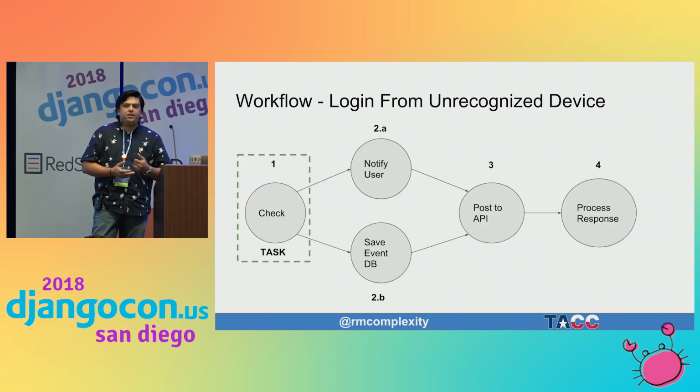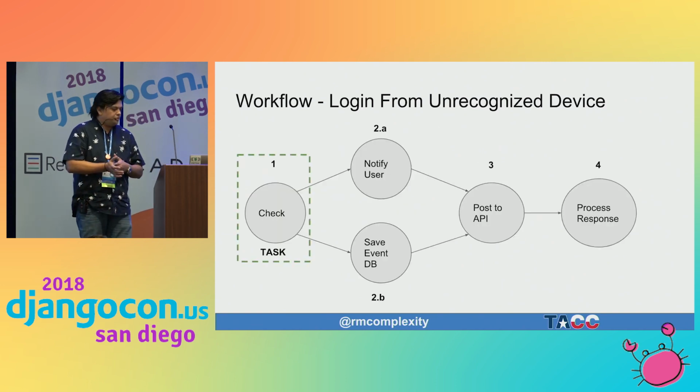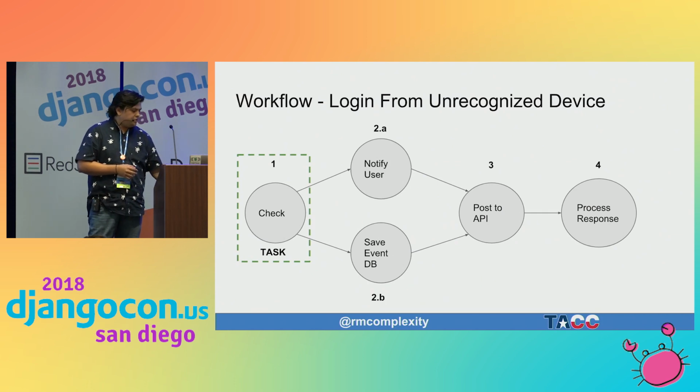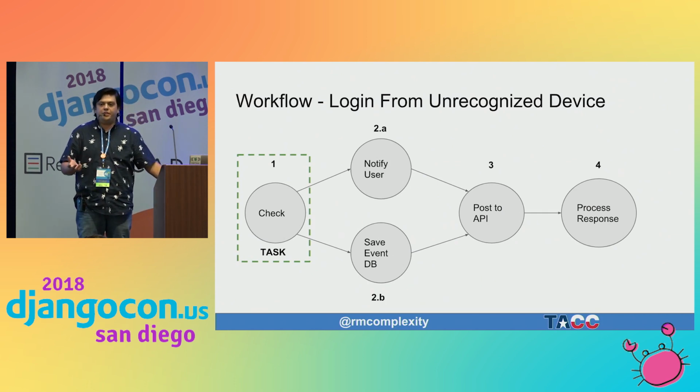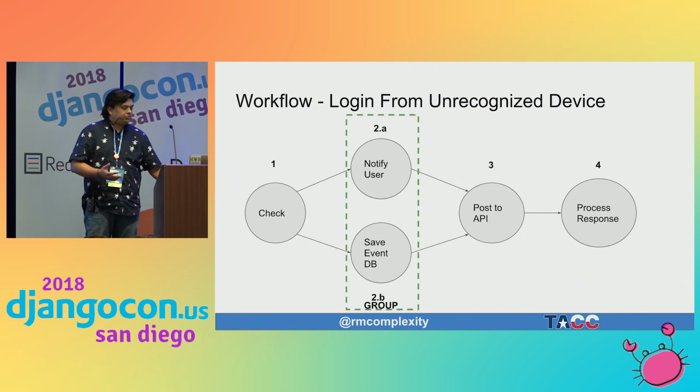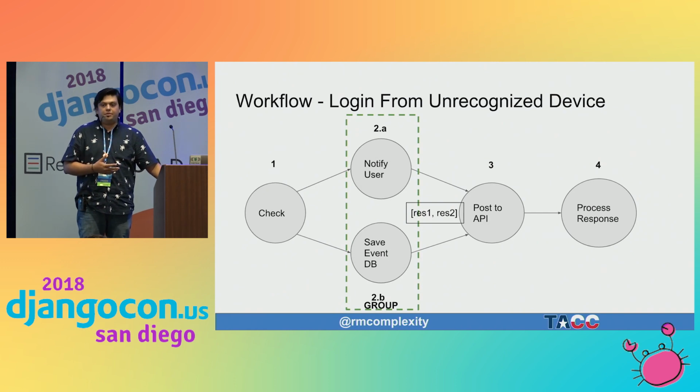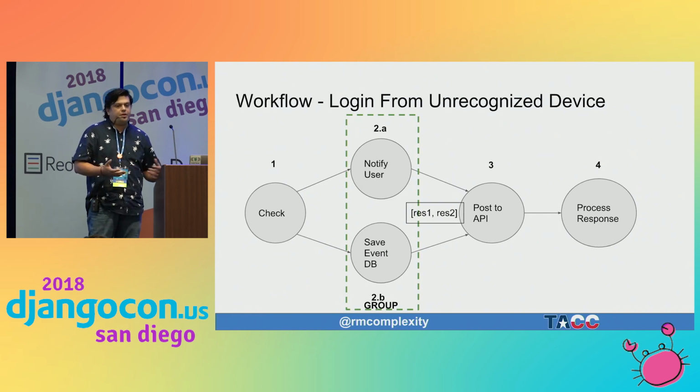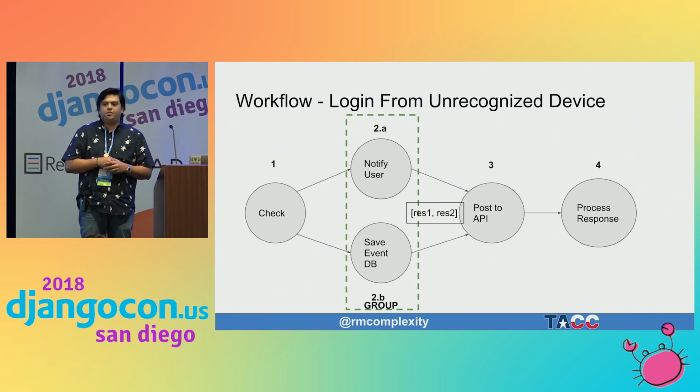So the first one is going to be a task, as we were talking about. And then after this, we can use a group in order to run these two tasks in parallel. The result of this group is going to be an array, because the group is going to wait until each one of these tasks finishes to go to the next step.